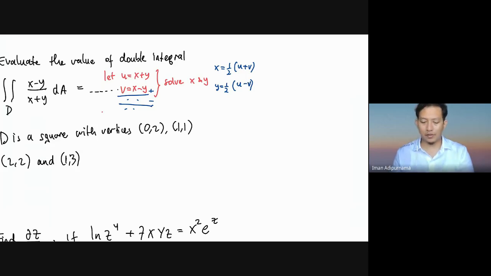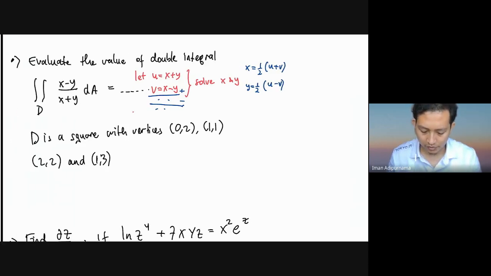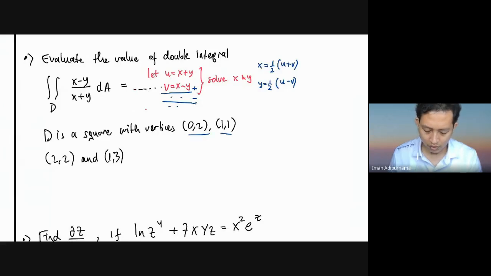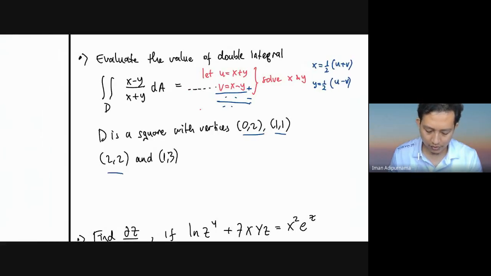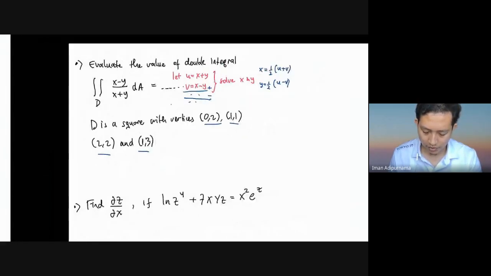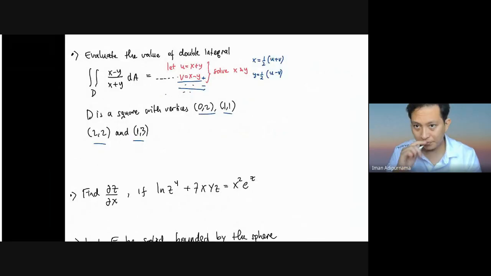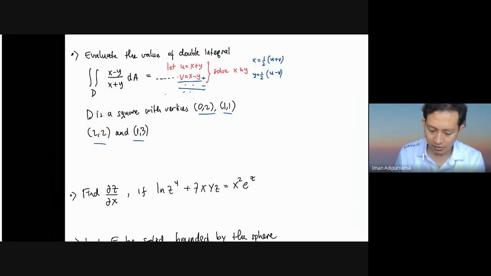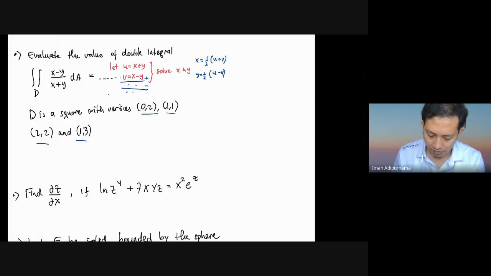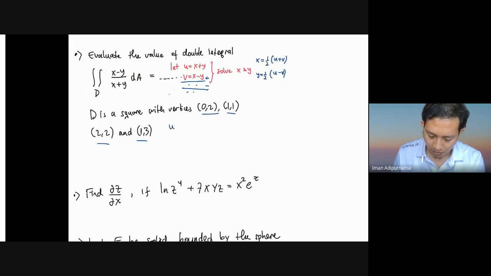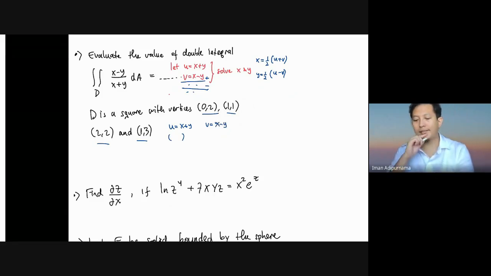Okay, from here we have these vertices. We can check all these vertices, and we can write the new set of equations. So u is x plus y, v is x minus y, and then we can write the new pairs of coordinates.